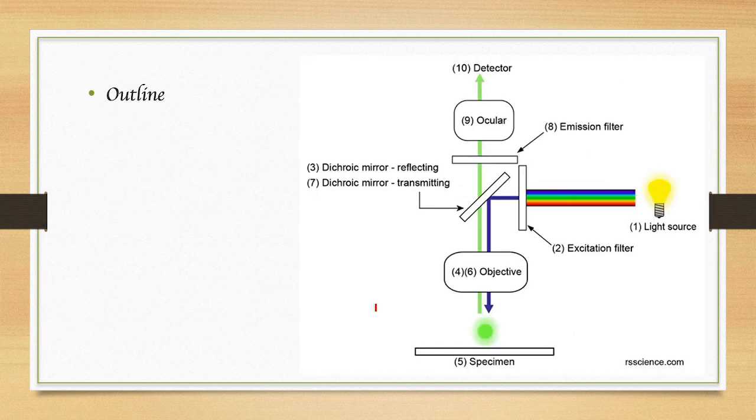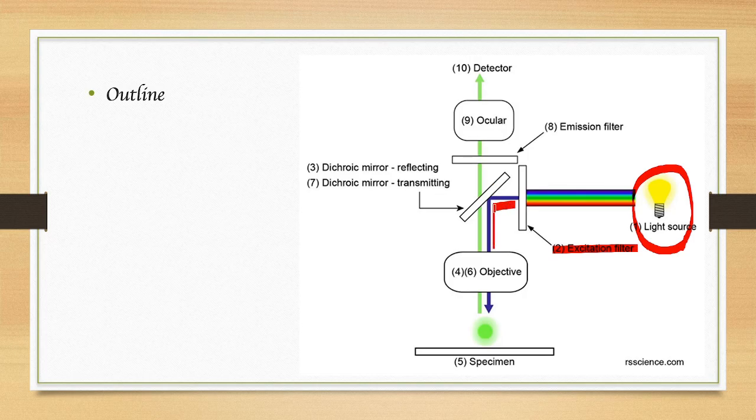Now let's discuss the outline of a fluorescent microscope. There are 10 components. First is the light source, which emits light. The second is the excitation filter, which absorbs almost all colors but passes only one type of light, here the blue color.